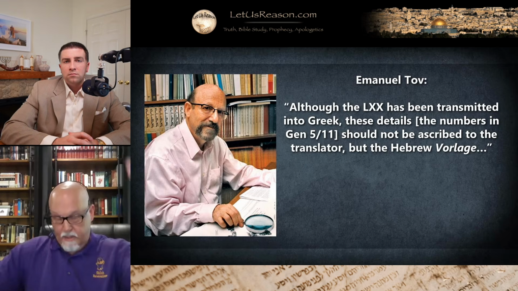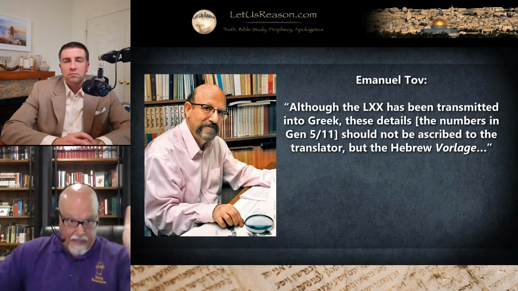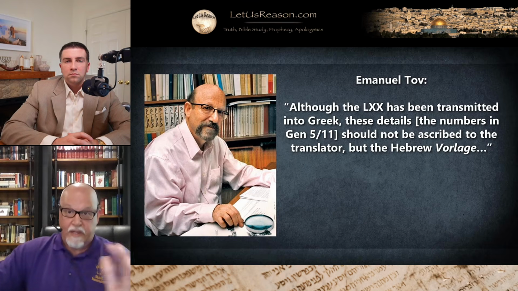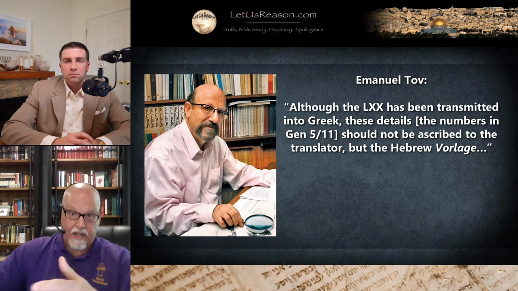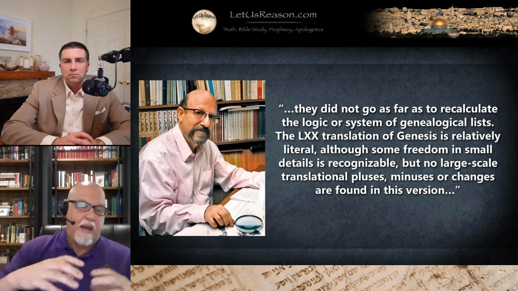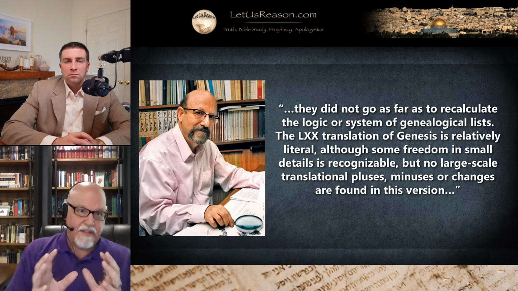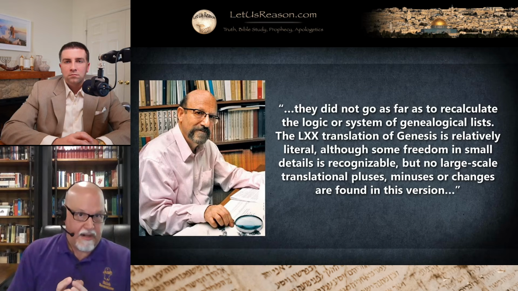Now, here's a quote from a world-renowned scholar of the biblical text, Emmanuel Tov. This is an example that I'm drawing on from the literature. He says, the details, meaning the numbers, should not be ascribed to the translator, but to the Hebrew Vorlage. They did not go as far as to recalculate the logic or the system of the lists. And he goes on to say that basically the translators of Genesis treated the text very conservatively when they translated it.